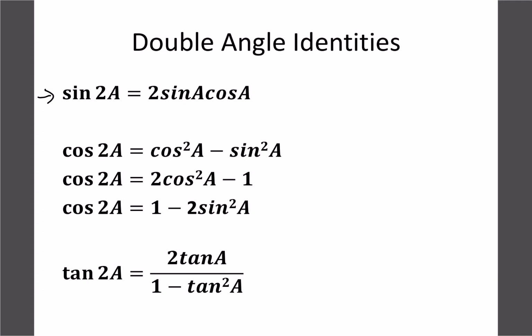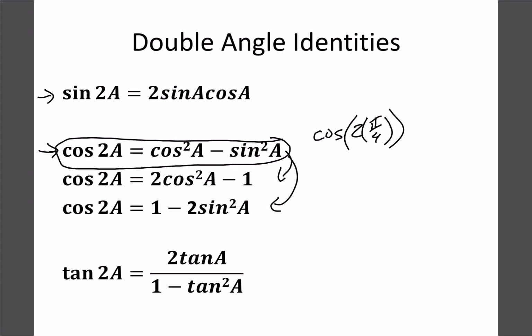The cosine one is a little bit different. It looks sort of like a Pythagorean theorem one. If I gave you cosine of 2 times pi by 4, we could write that as cosine pi by 4 squared minus sine pi by 4 squared. Because they sort of use a Pythagorean, we can simplify this a little bit too. We could rearrange them into one of the other forms using a combination of this one at the top, plus our a squared plus b squared equals c squared theorem that we used in the previous lesson.